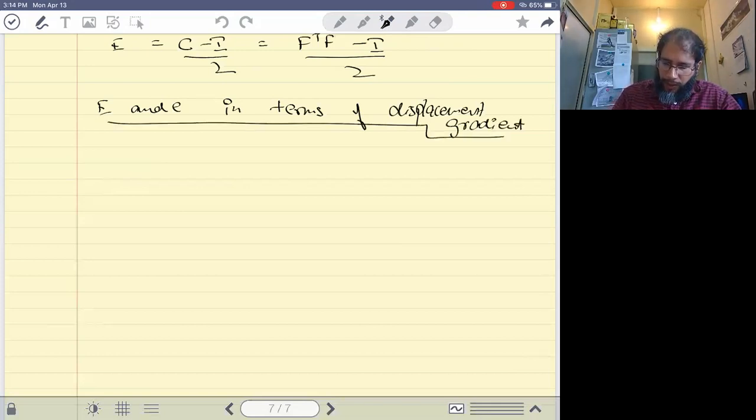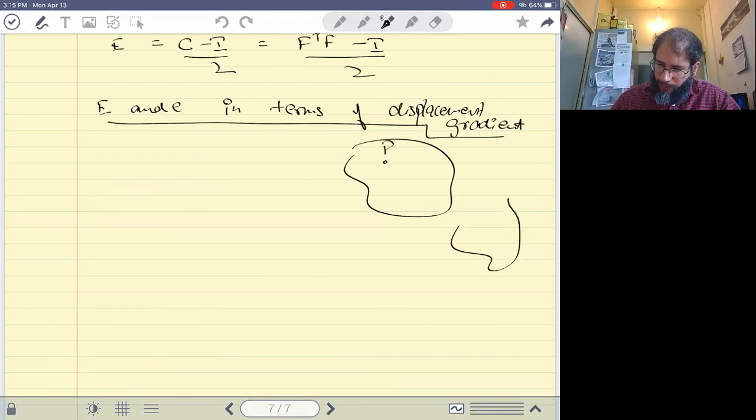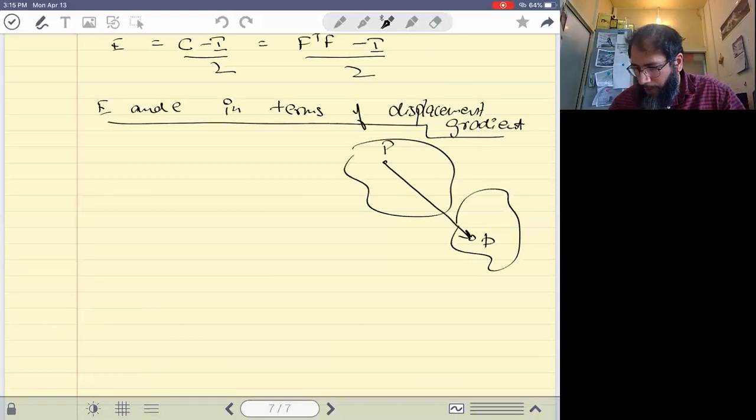So let me remind you what displacement was. If you have a point capital P and a point small p, then the displacement is defined as the vector u, which goes from point capital P to small p.